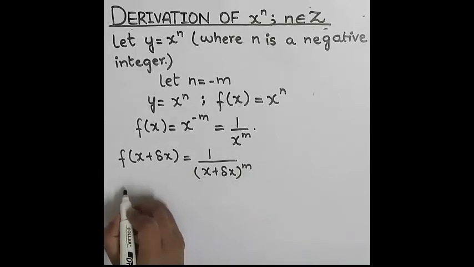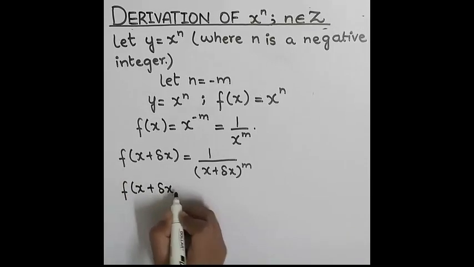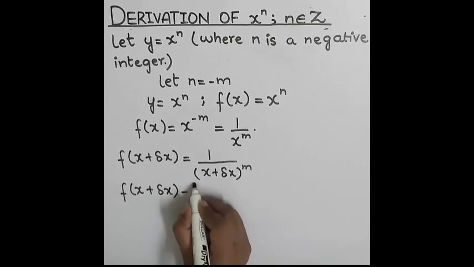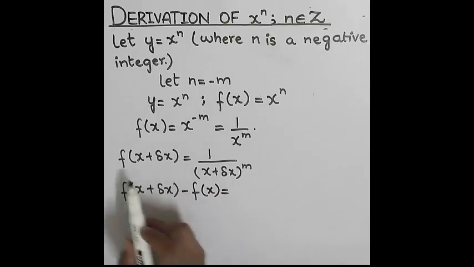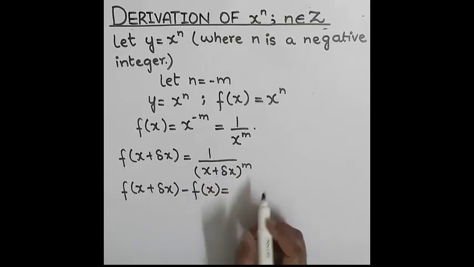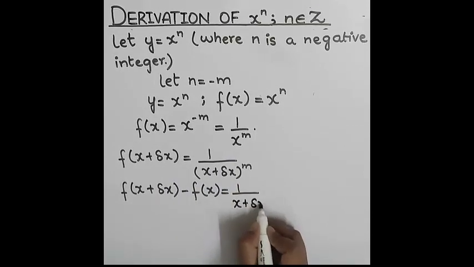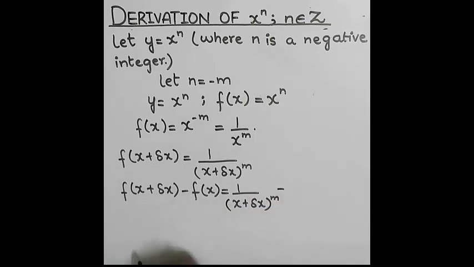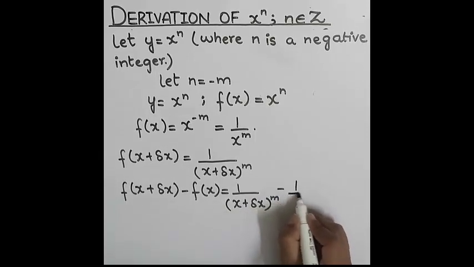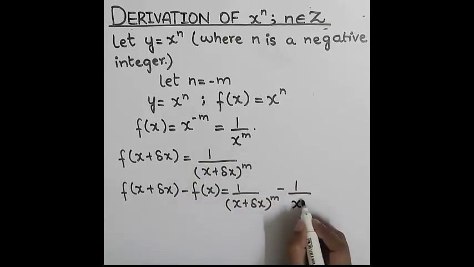Step number 2 is f of x plus delta x minus f of x. So f of x plus delta x is equal to 1 over x plus delta x raised to power m, minus 1 over x raised to power m, which is f of x.